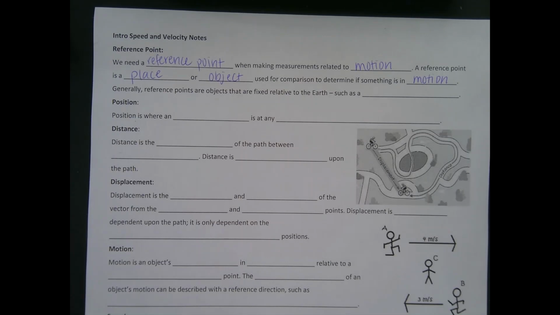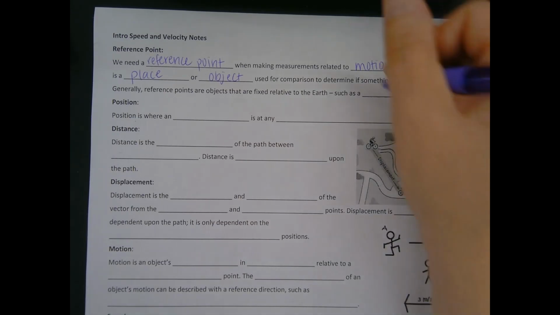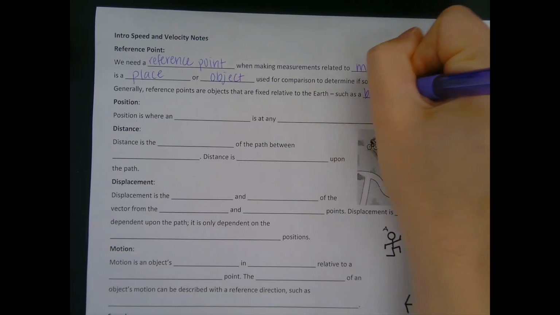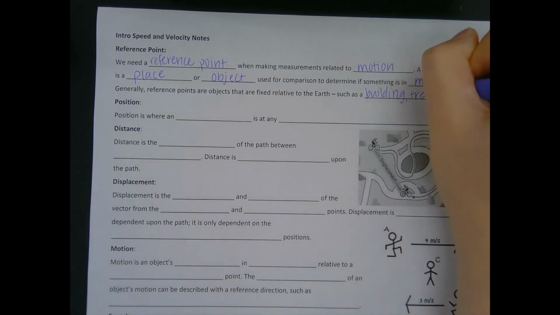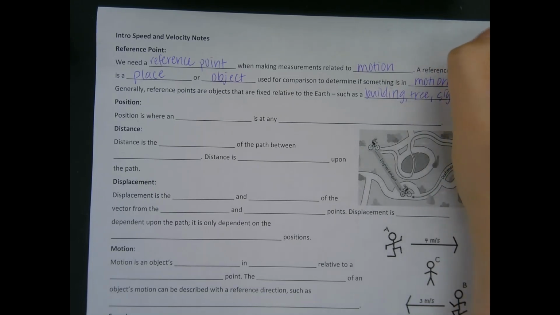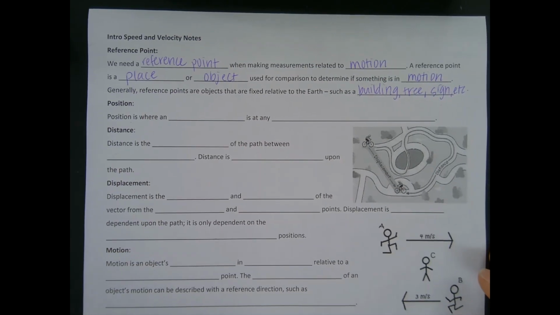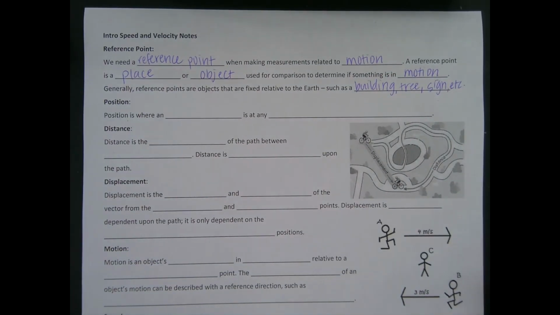Generally, reference points are objects that are fixed relative to the earth, such as a building, a tree, maybe a sign, etc. Sometimes people are reference points also, as long as we stay in a fixed position.